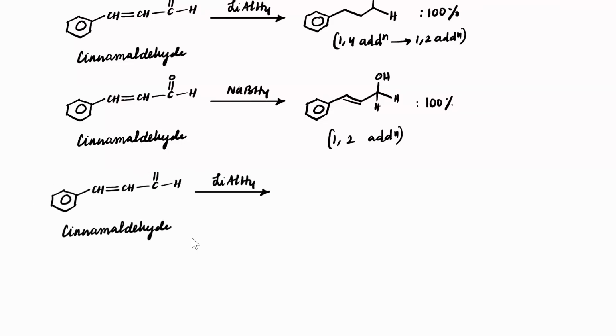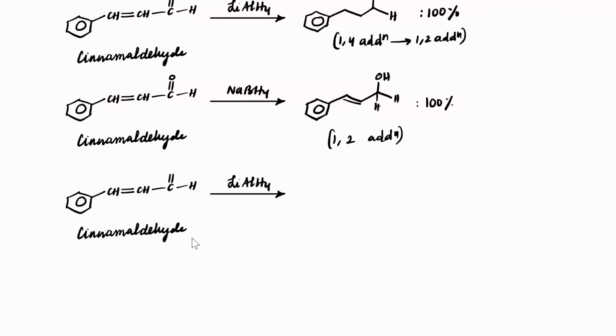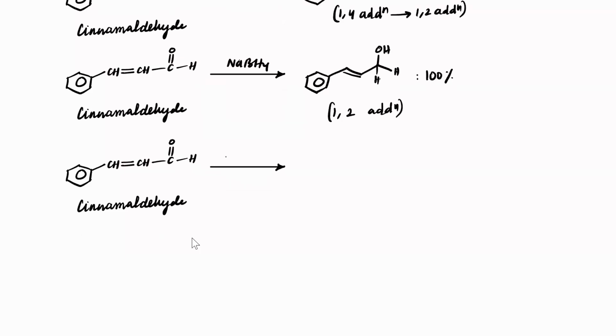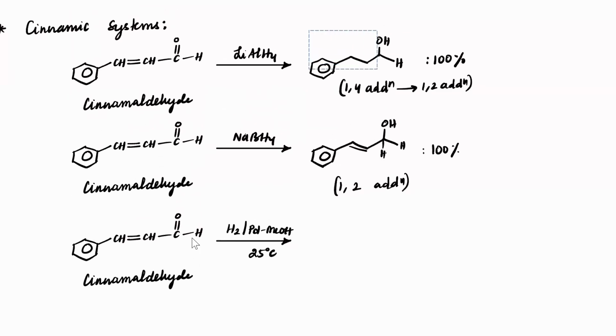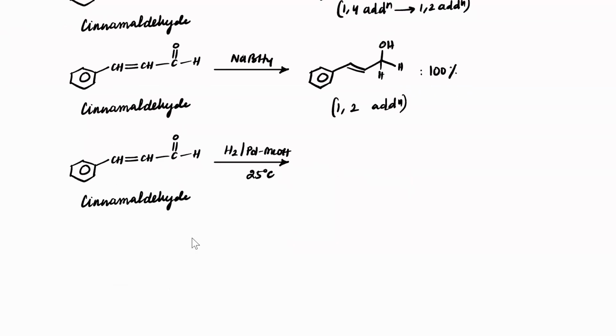Lastly, the same cinnamaldehyde, if we react with H2 in the presence of palladium and methanol, right, and at around 25 degrees Celsius, it has been noticed that it will only give you 1,4 addition.